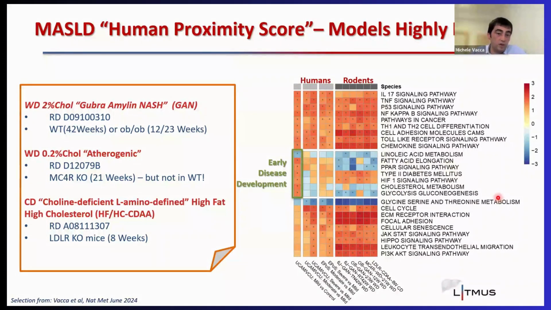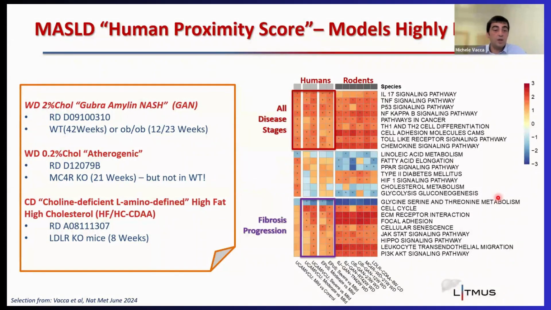What I'm telling you is that these models are yet to be perfect, and there is still space for improvement of the study designs to make them even closer to human. But there's no discussion that if your aim is to look at all the disease stages, fibrosis progression, and most of the metabolic pathways, they still do the job really well.